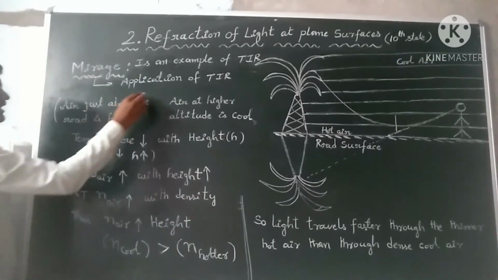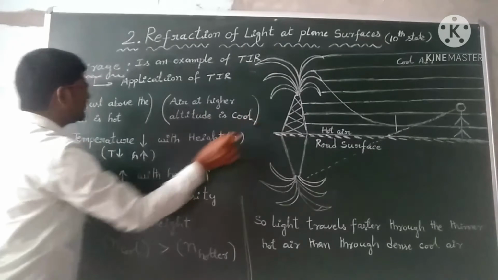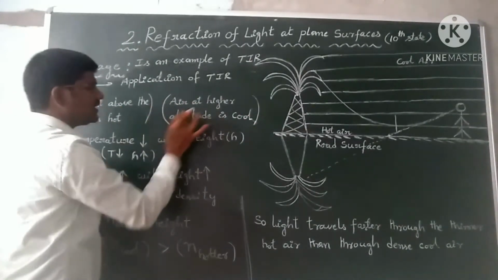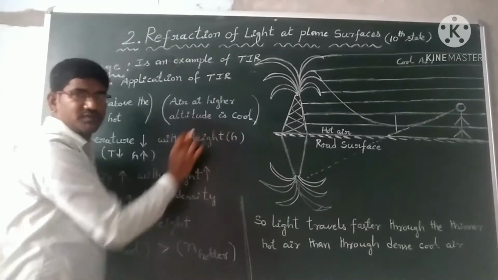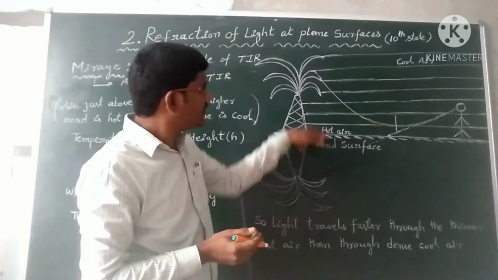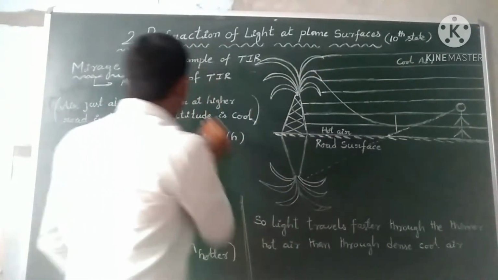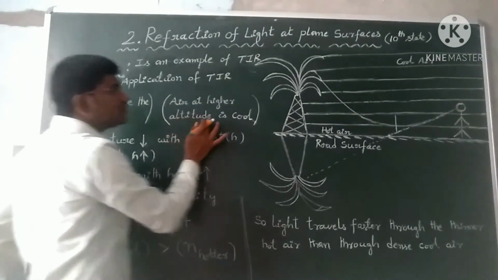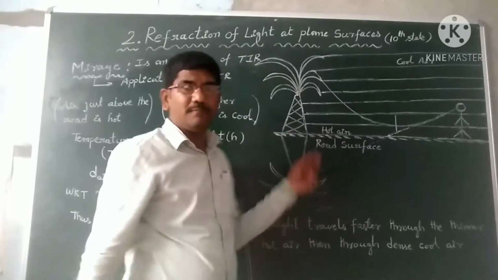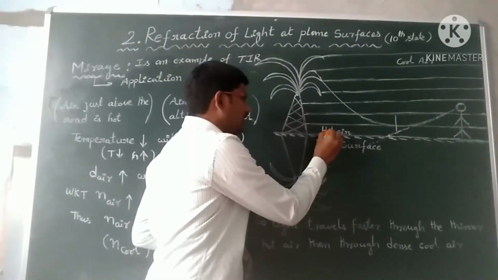So I'm speaking two things here. Air just above the road is hot and air at higher altitudes is cool, that is, just above the road up to a small height only. This is the cool air and this is the hot air.